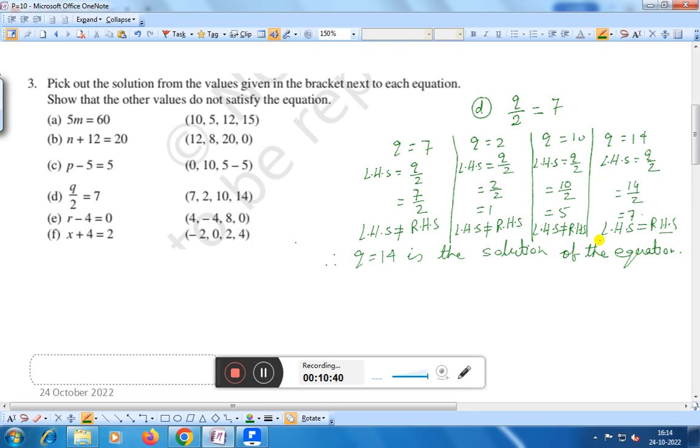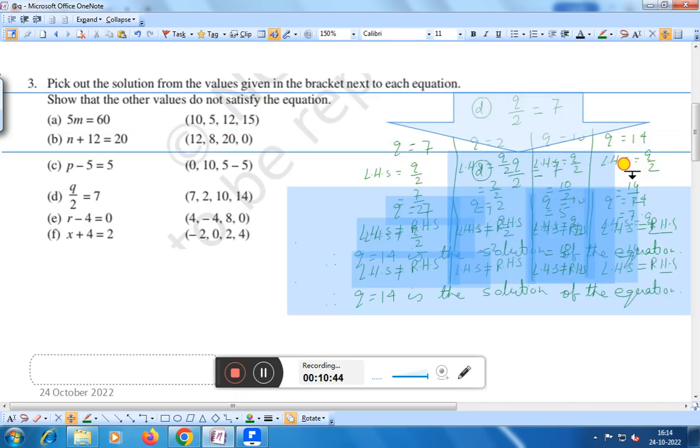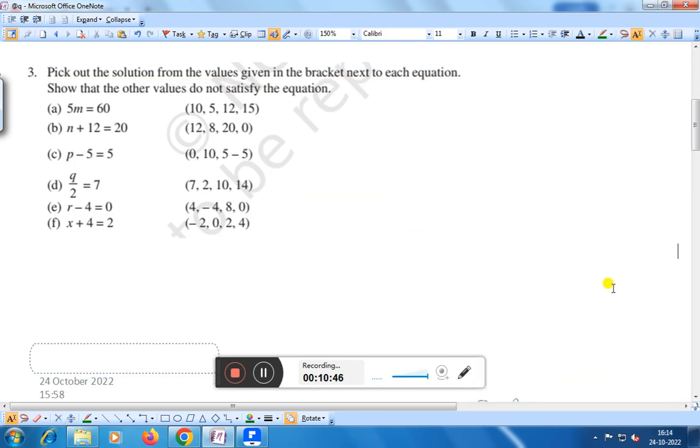Right? Now question number E. Question number E is r minus 4 equal to 0.